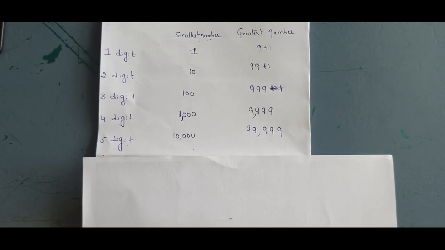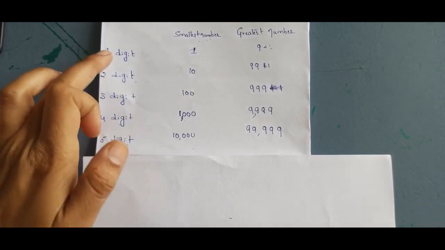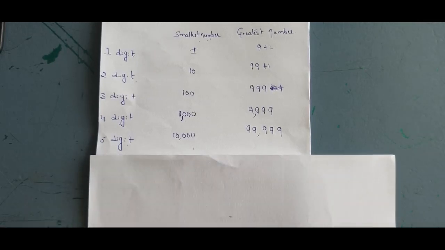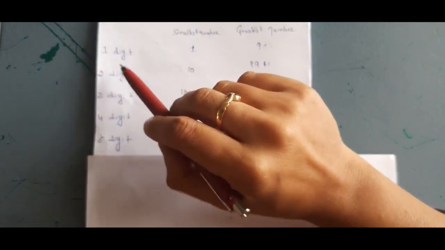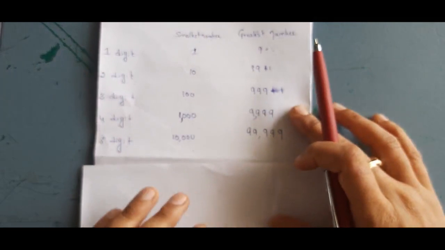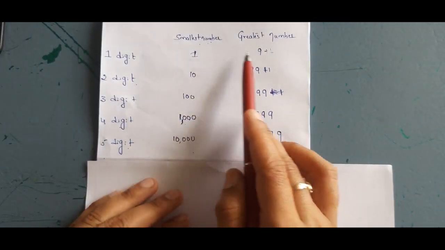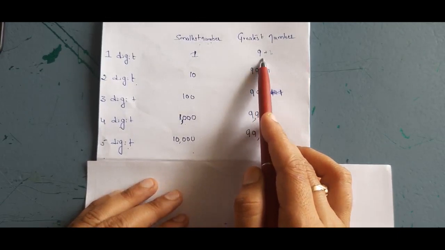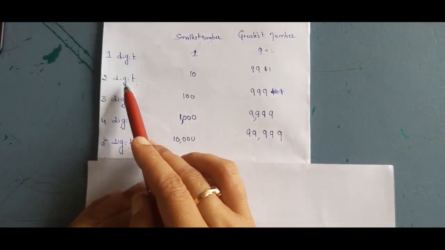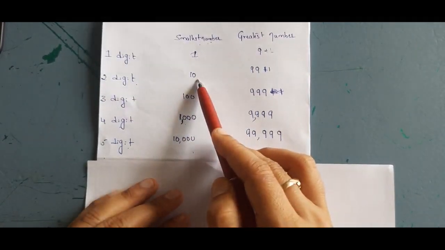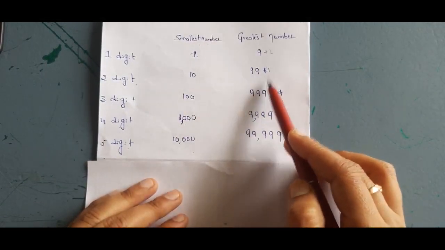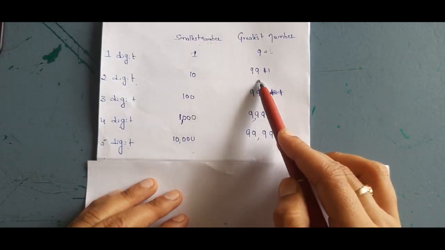Students, in the previous class we studied the smallest number and largest number from 1 digit to 5 digits. Let us recall. For 1 digit, the smallest number is 1 and the largest number is 9. For 2 digits, the smallest number is 10 and the largest number is 99.